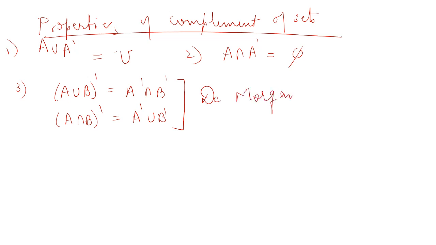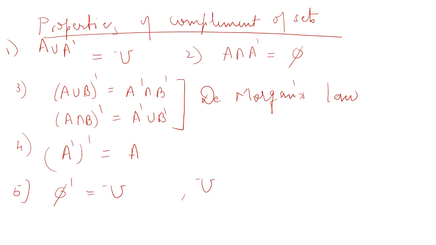And the fourth property is A complement whole complement is always equal to A. And the last property is null complement is always equal to U, and U complement is always equal to the null set. So these are the properties of complement of sets.